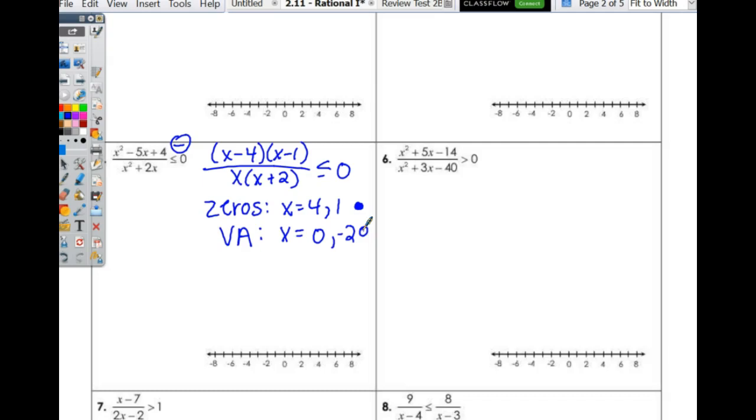So I'm going to have 4, 1, -2, and 0. Okay, so down the first aisle here, you guys test this interval.